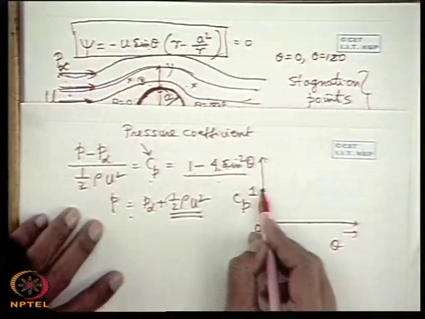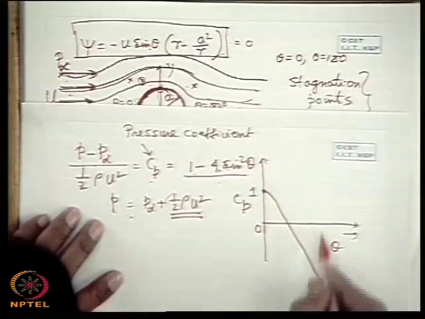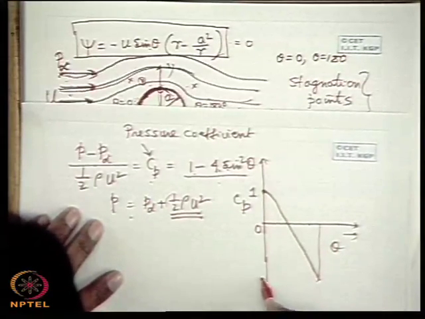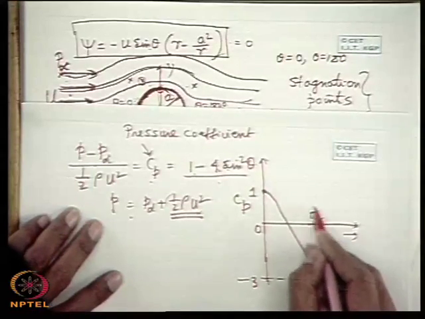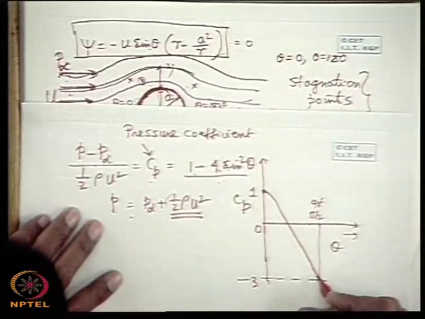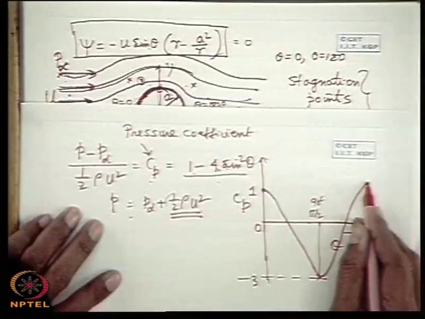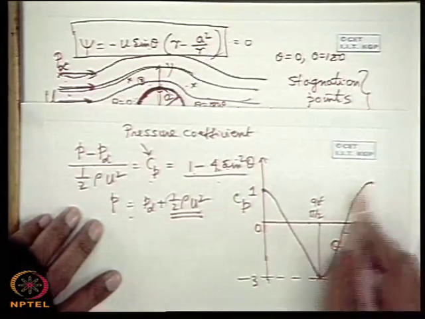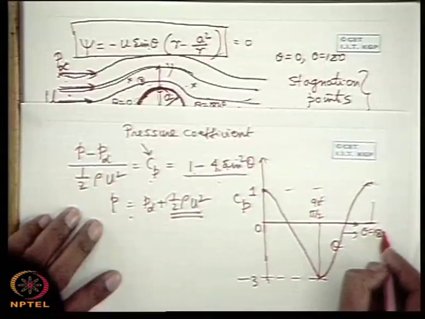So it reaches a minimum value of minus 3 at pi by 2, or 90 degrees. Then again it goes up and takes the value of 1, the same value, when theta is 180 degrees.